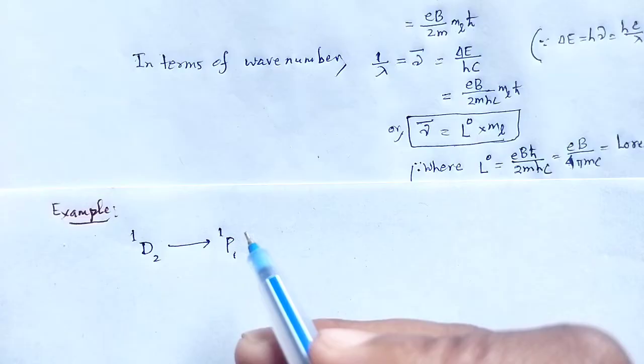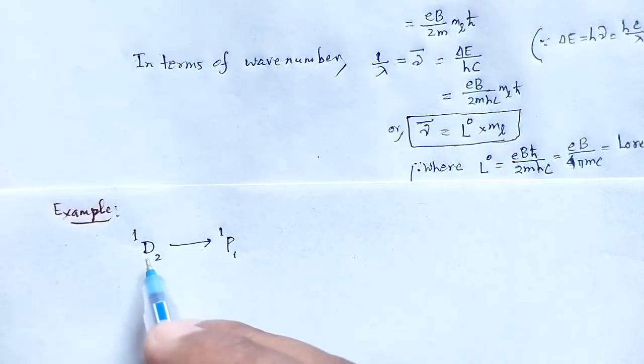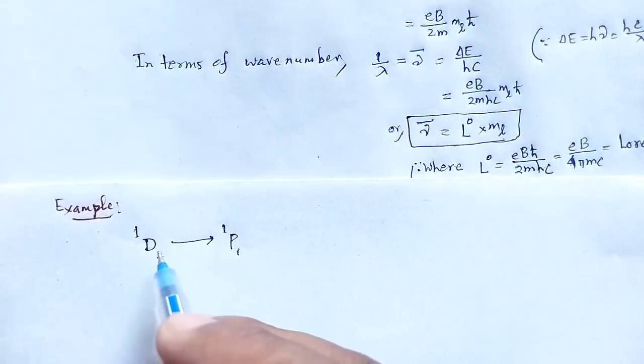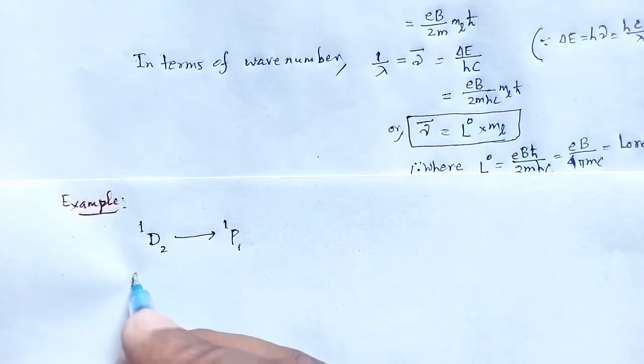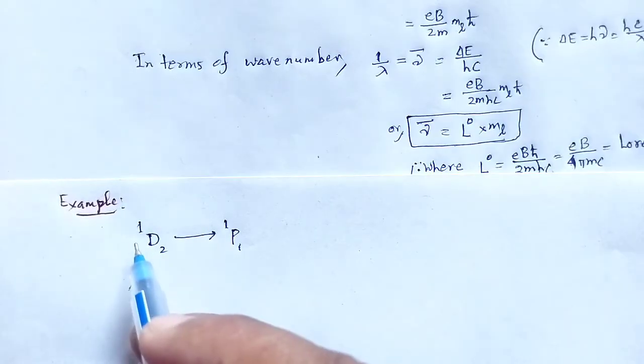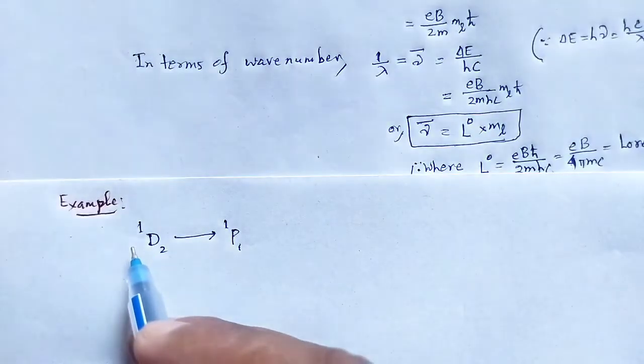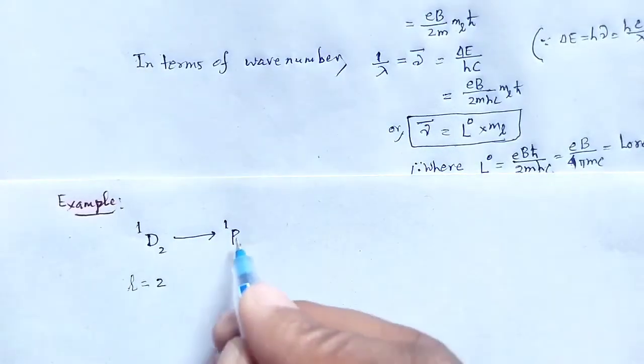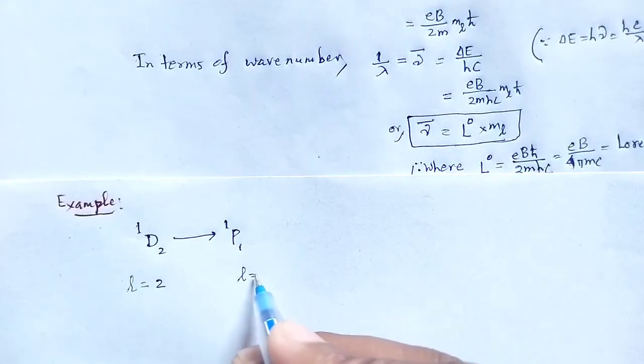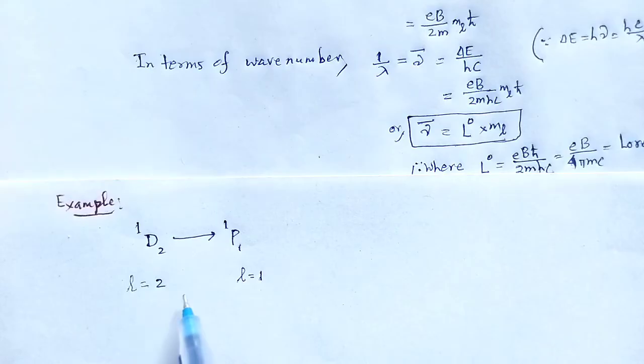These terms correspond to L equal to 2 for D and L equal to 1 for P, that means the transition from L equal to 2 to L equal to 1.